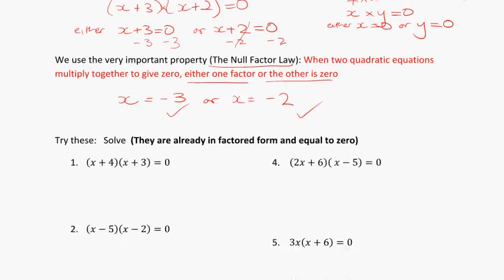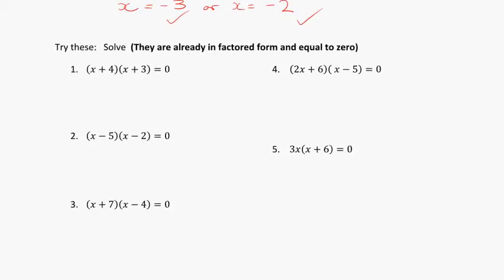Now they're going to be in factored form. They're already in factored form, so you don't have to factor them at the moment, but you will later on. And they're equal to 0, so you won't have to change that either. Okay, let's just practice our linear solving. So here, either x plus 4 is equal to 0, or x plus 3 is equal to 0 by the null factor law.